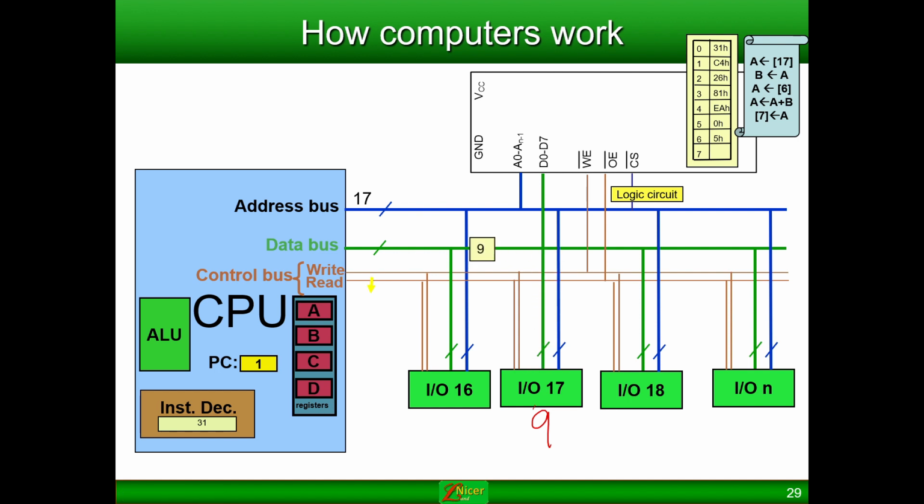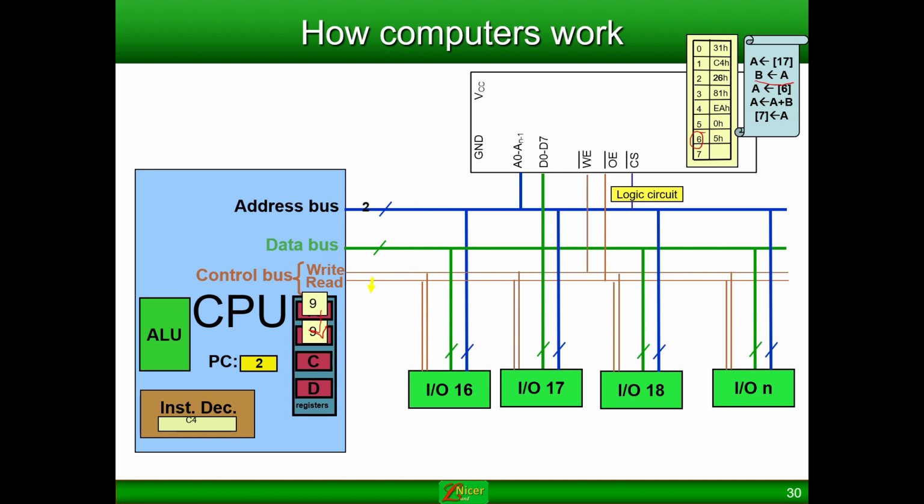You can see that the data bus goes and it writes 9 into A. Then the next part is A is given to B. So the data at A is copied to B. So B will have the 9 then. You can see that B has made a copy of the value from A.